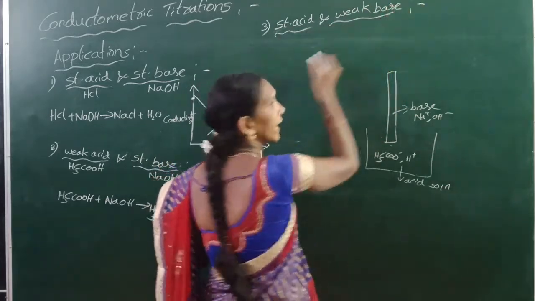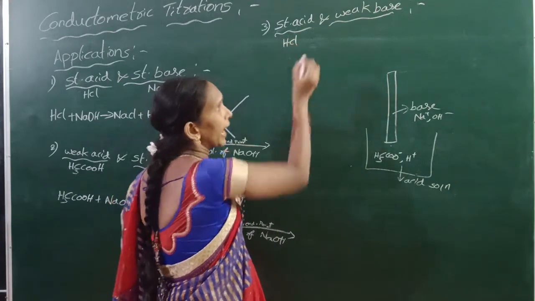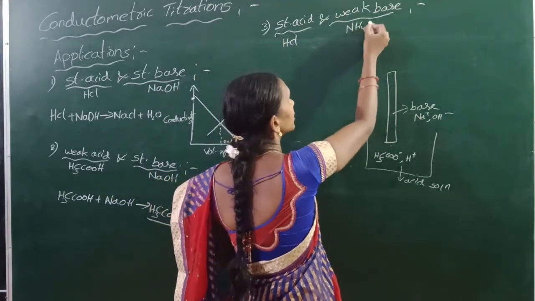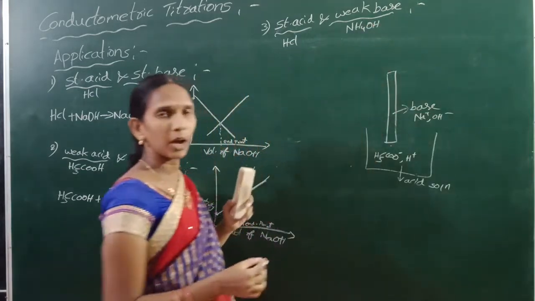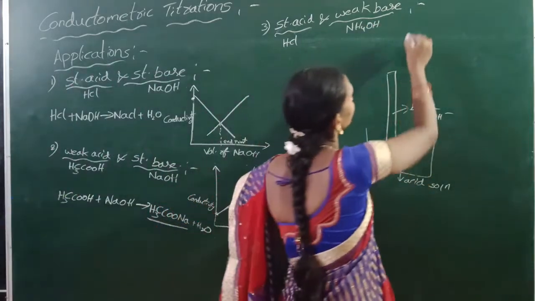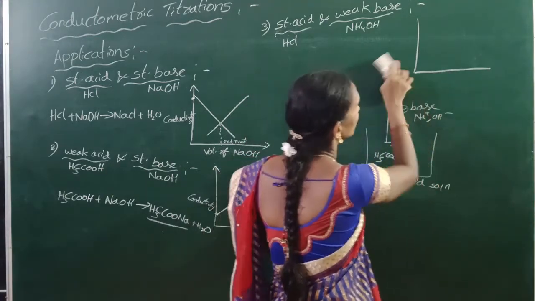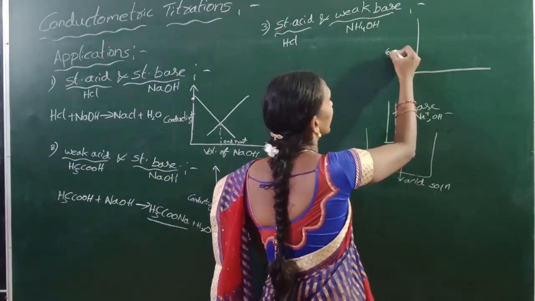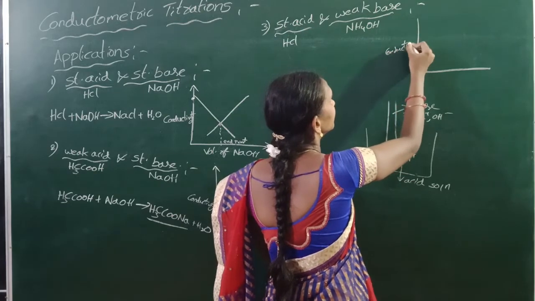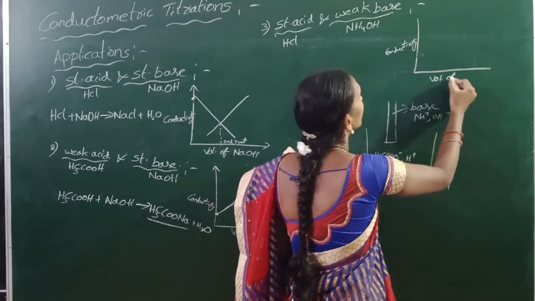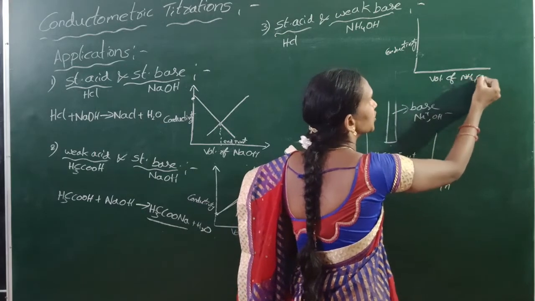Here strong acid means HCl and weak base means ammonium hydroxide, NH4OH. We plot conductivity values against volume of NH4OH.